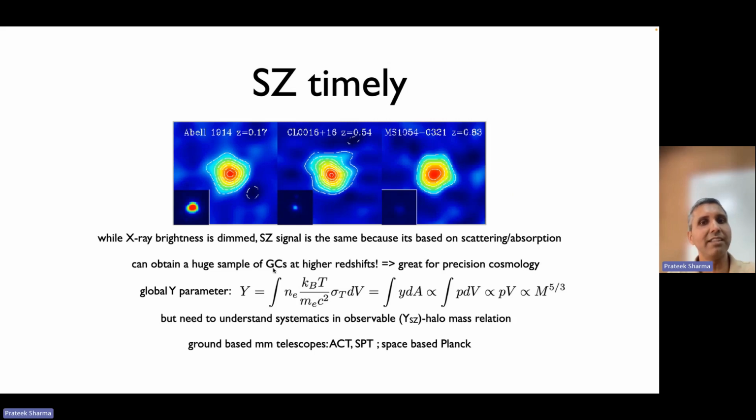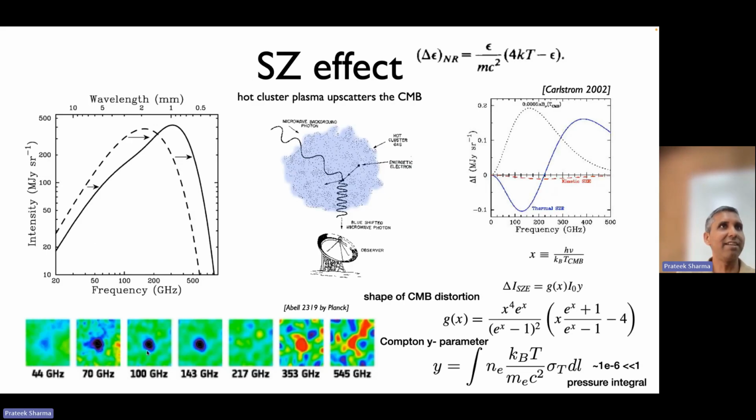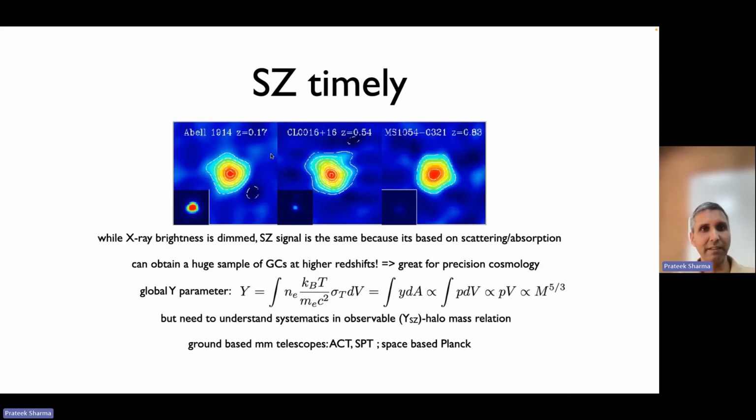So how do you get a galaxy cluster sample at high redshifts? You just look at the CMB map. If you look at that map at different frequencies, below 217 gigahertz and above 217 gigahertz, and you see a deficit at small frequencies and an excess at high frequencies which follow this characteristic shape, you're pretty sure there is a galaxy cluster sitting there.